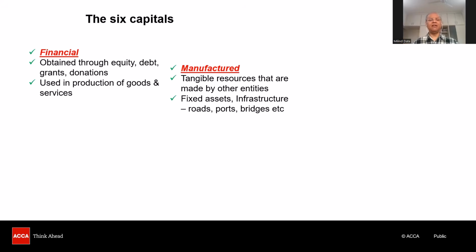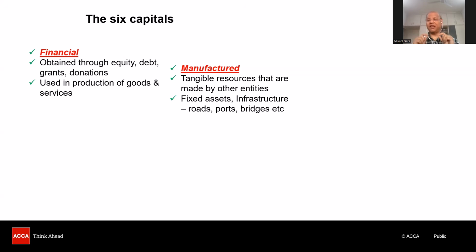Manufactured capital, in very simple words, you could take it as non-current assets that are manufactured by other entities, but the organizations normally procure them and use them in the production process. But it's not just that.